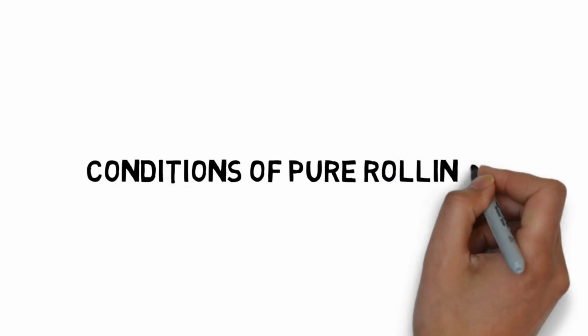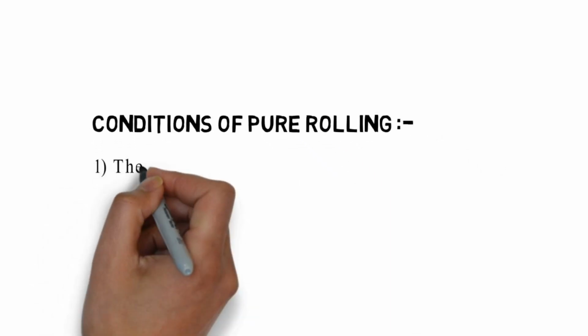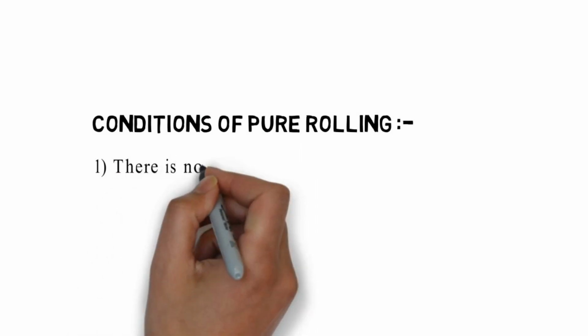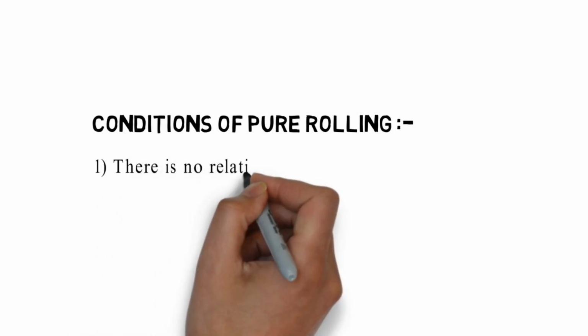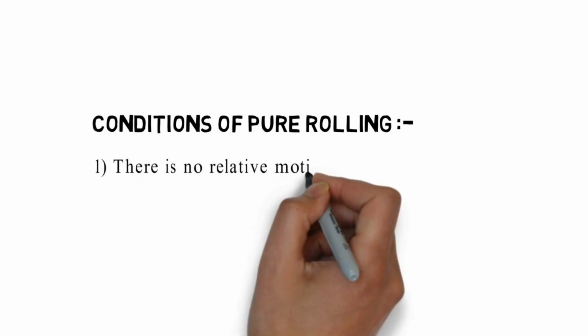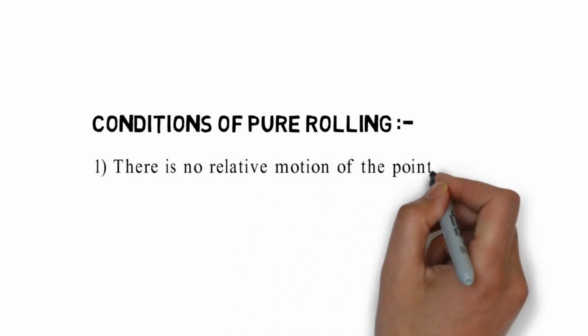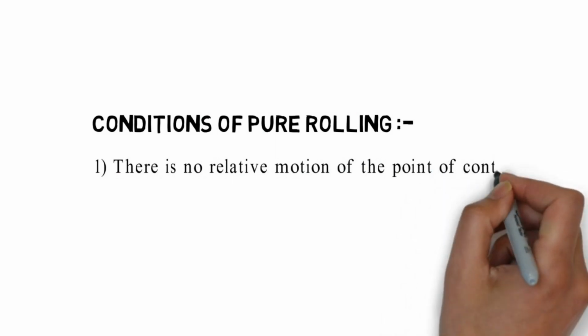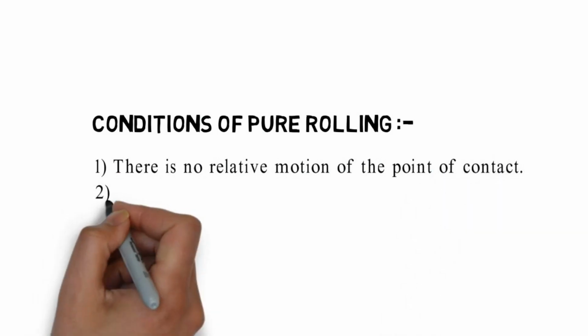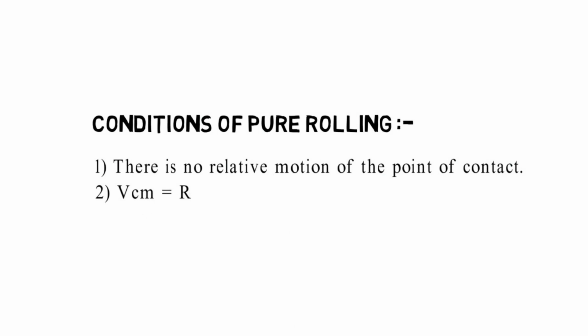Now coming to the point, we have the most important criteria, which is that the point at the contact with the surface should have no relative motion. That means that VCM will be equal to r into omega.